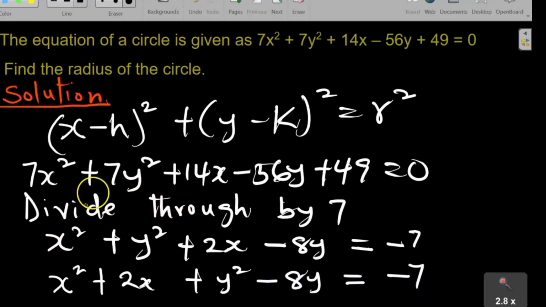I want this equation to look like the standard form, so I'm going to complete the square. I'm going to add half of the coefficient of x and half of the coefficient of y to both sides. The coefficient of x is 2 and half of it is 1. So I add 1 squared to both sides.